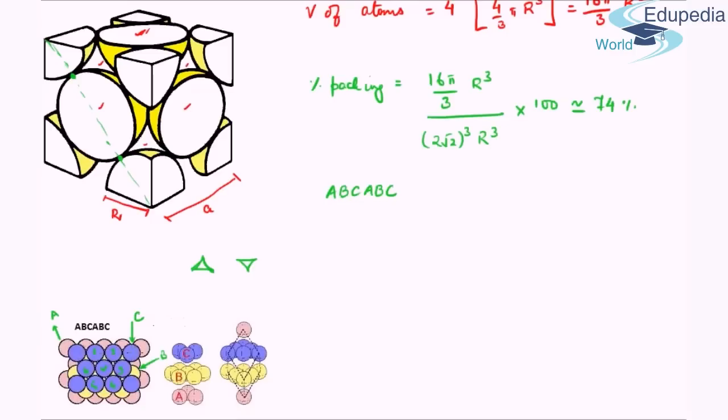Once I lay down the foundation, the layer A, I will have 2 options, either this type of hollow or this type of hollow to fill the second layer. For the sake of argument, say I picked this type of hollow to fill the second layer. Now I will again have this type of hollow left over, sitting right on top of the base layer, the A layer.